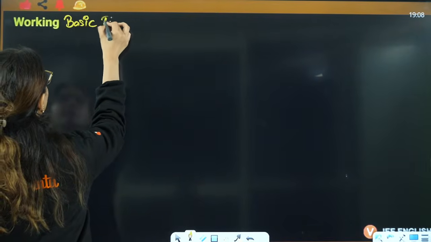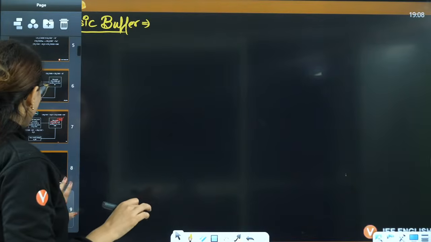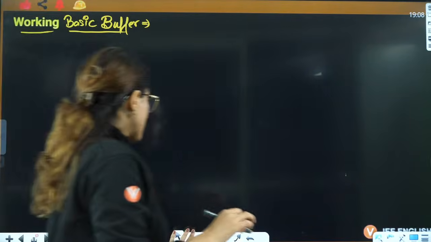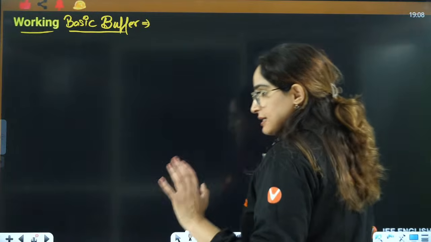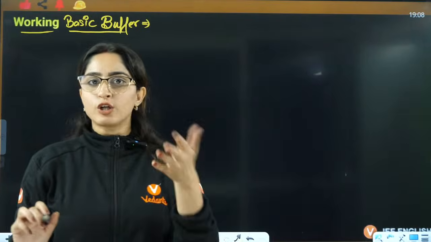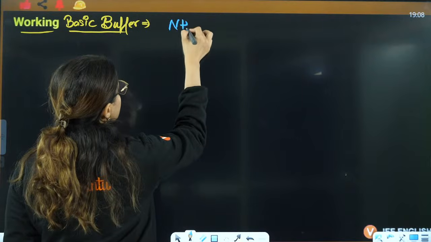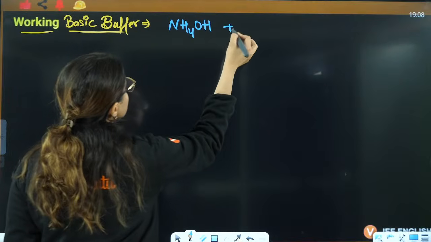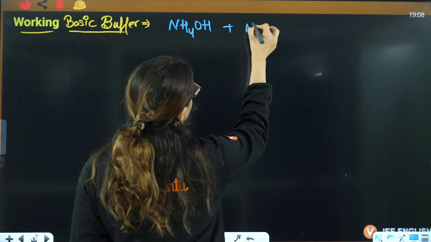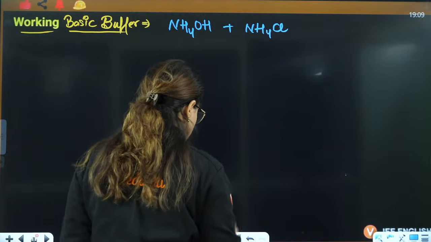What is a basic buffer? Because I have given you two things here where you can understand the basic buffer process. See, a basic buffer is made up of a weak base and a salt of the weak base with a strong acid. So I can give an example, NH4OH plus NH4Cl, right?